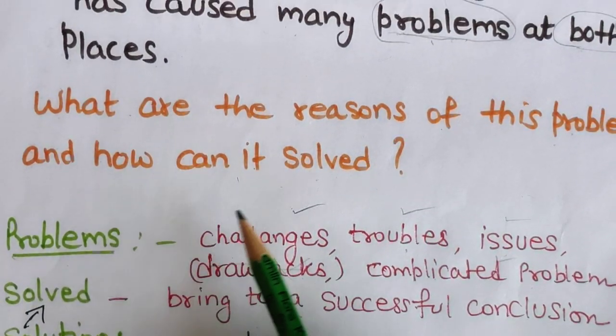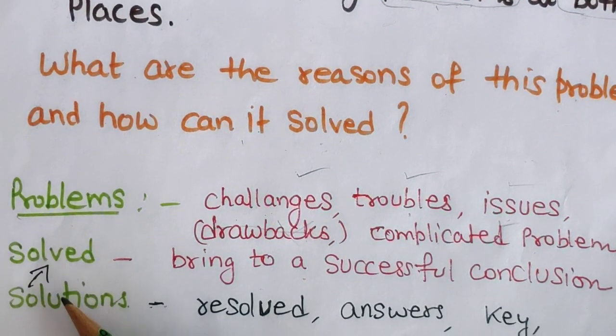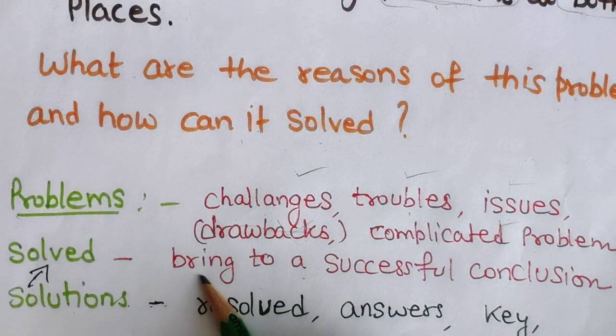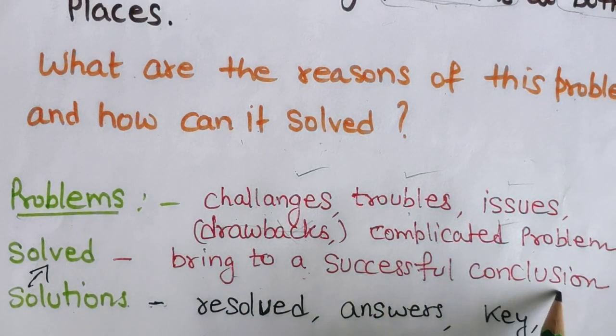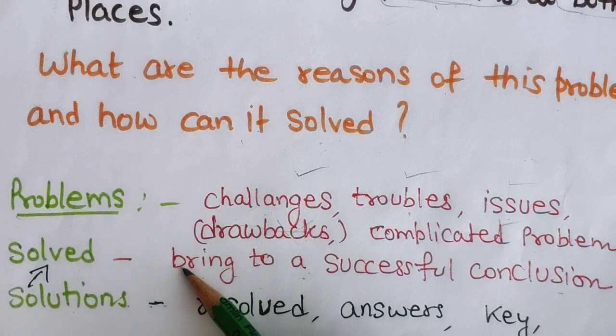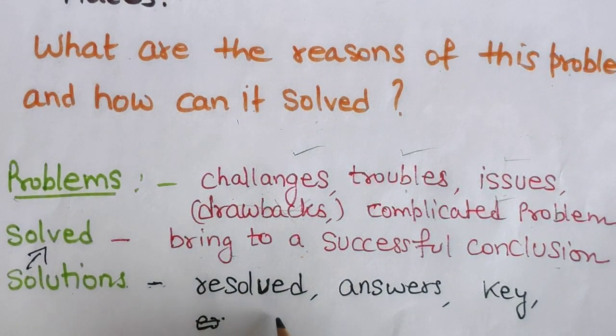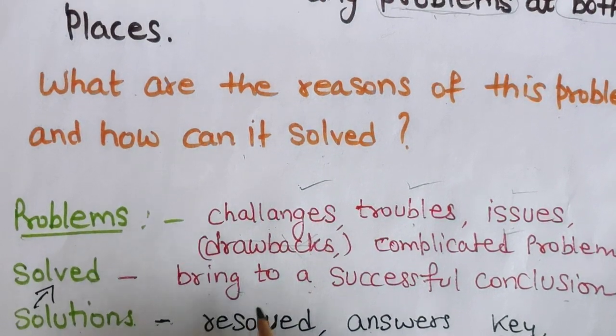Instead of solved, we will be using the word solutions, or you can use the phrase bring to a successful conclusion when explaining things in the conclusion and paragraphs. Solved can also be resolved, or answers, or keys, etc. We can use these for the word solution.